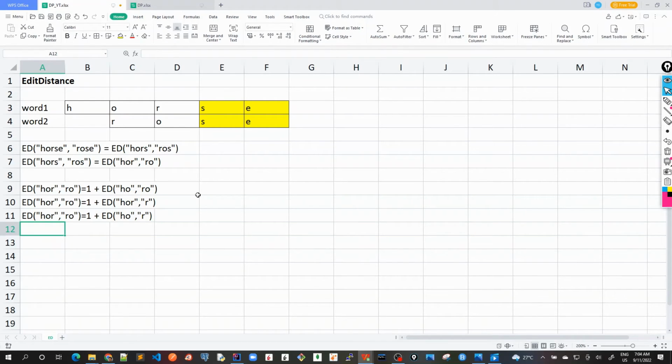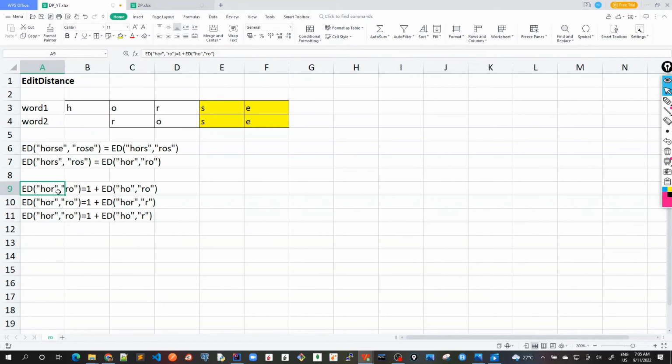Now we have seen that in this problem, we want to find the minimum edit distance. If the characters don't match, there are three possibilities, and either of these three edits will give me the minimum distance. So now we can derive this, right? We need the minimum number from all these operations.